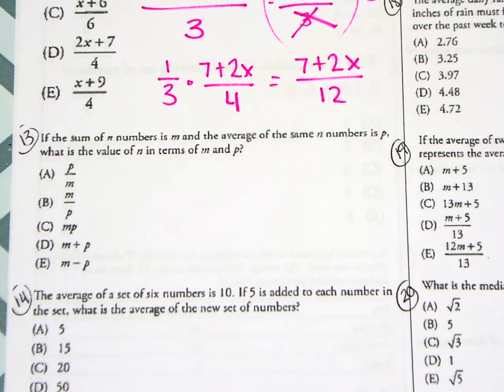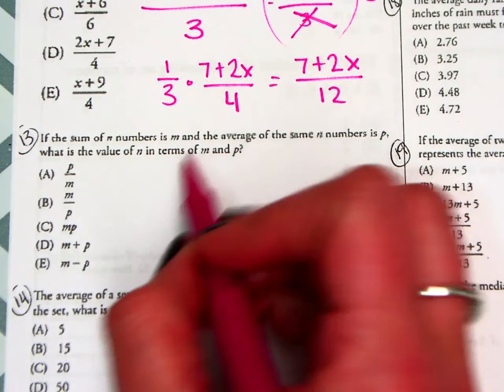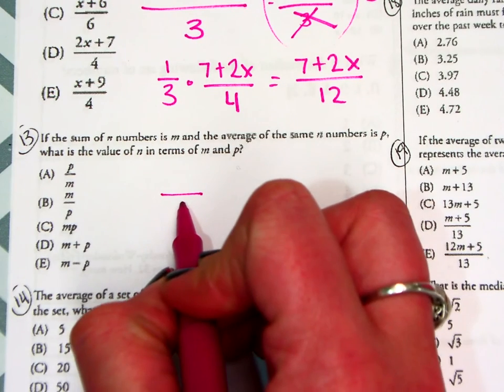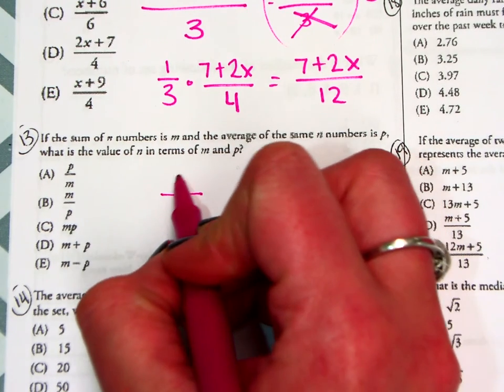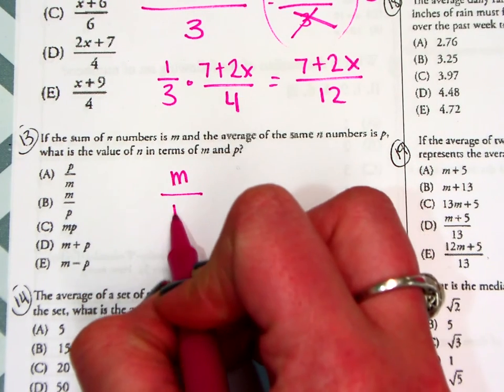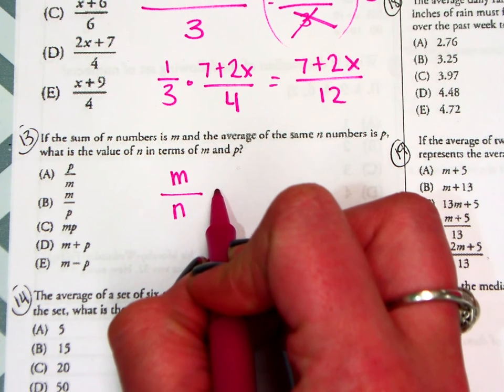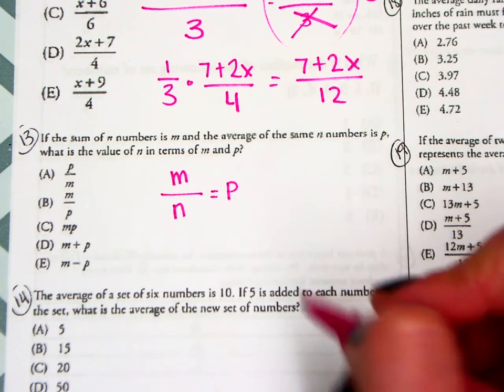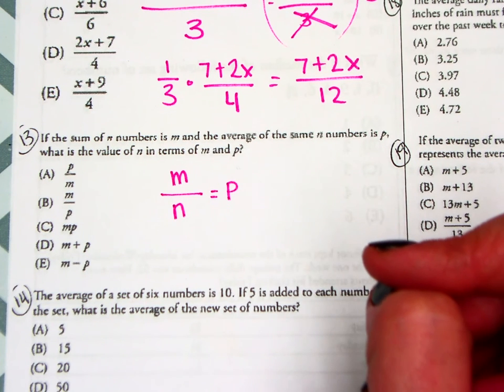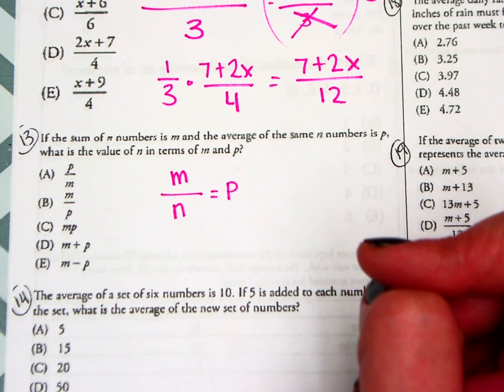Like, they're purposely doing this. So it says the sum of n numbers is m. Well, the sum would go on the top, the numbers go on the bottom, and it says the average of those numbers is p. It wants us to solve for the value of n.